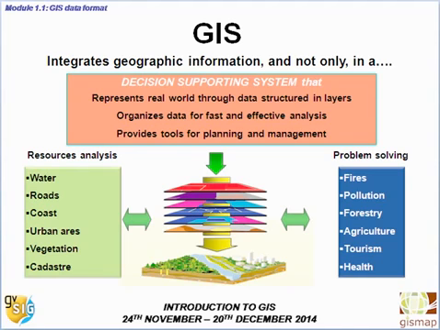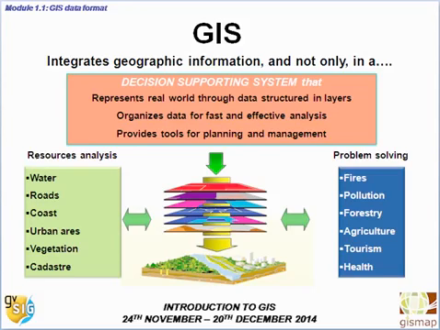So a GIS integrates geographic information and is a decision supporting system that represents the real world through data structured in layers, organizes data for fast and effective analysis, and provides tools for planning and management.